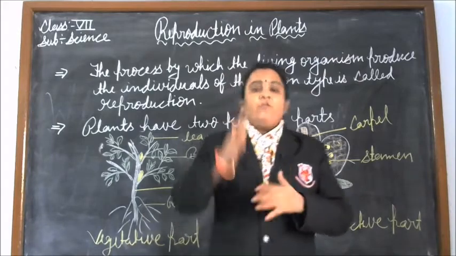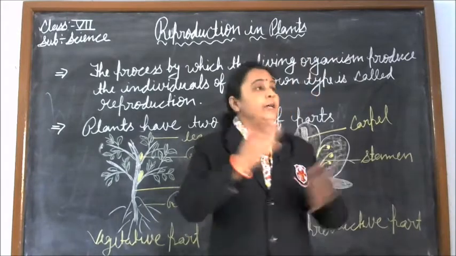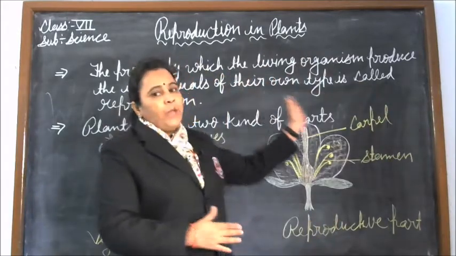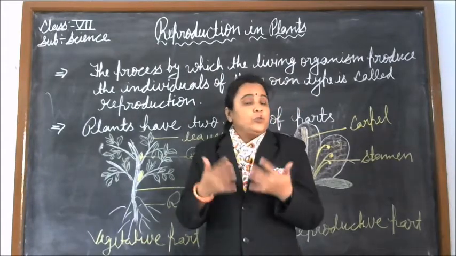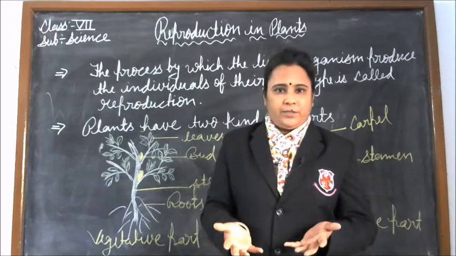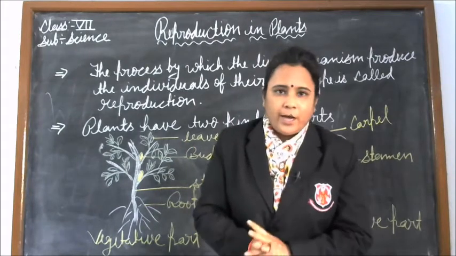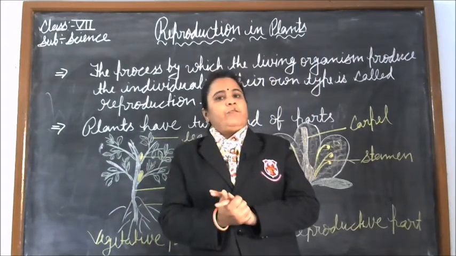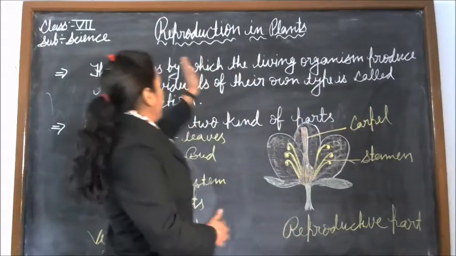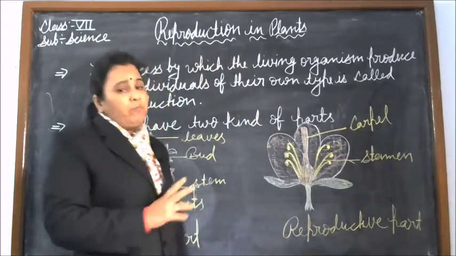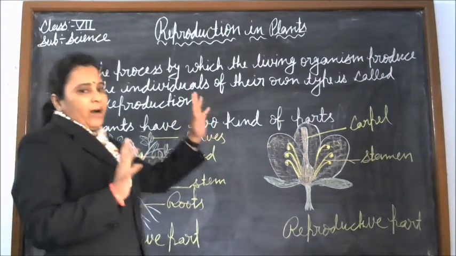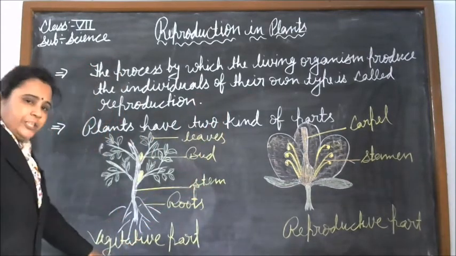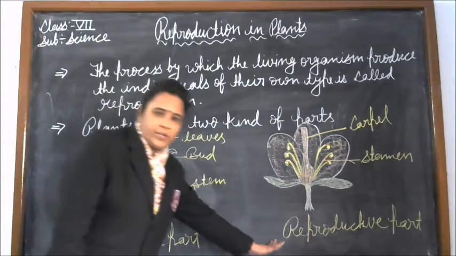Now today we are going to study reproduction in plants, and student, plants reproduce by producing seeds. Plants have two kinds of parts: vegetative parts and reproductive parts.